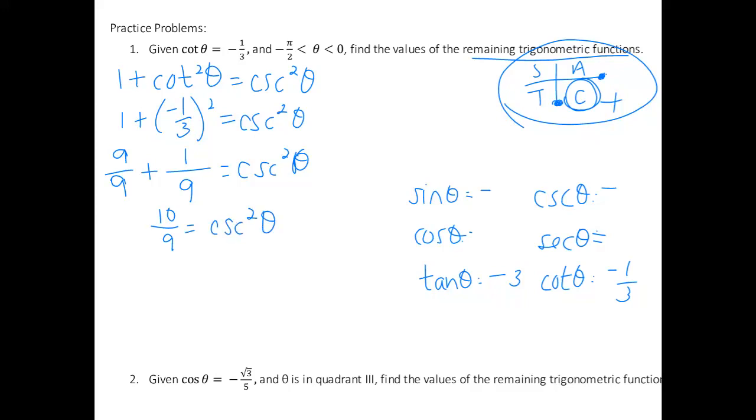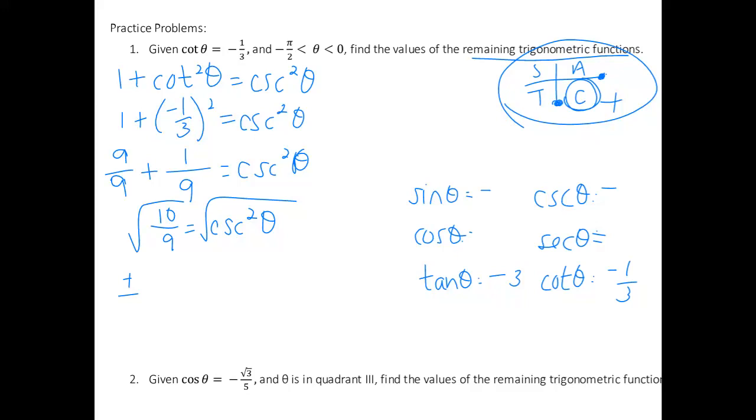And last step is to get rid of that squared sign because we're solving for cosecant of theta. So we have to take the square root of both sides, but don't forget, automatically plus minus. We kind of already talked about this for this one, but again, that's why we're allowed to do the negative in this case for cosecant, because when you're taking the square root, it allows you to have either answer.